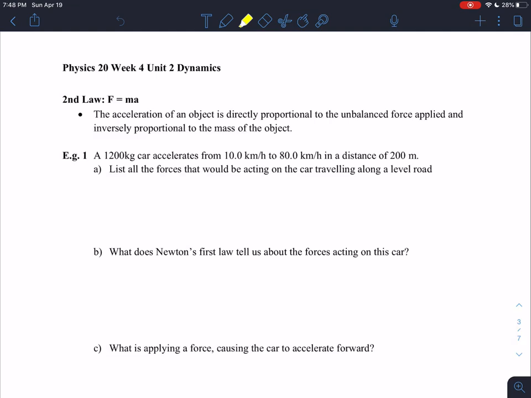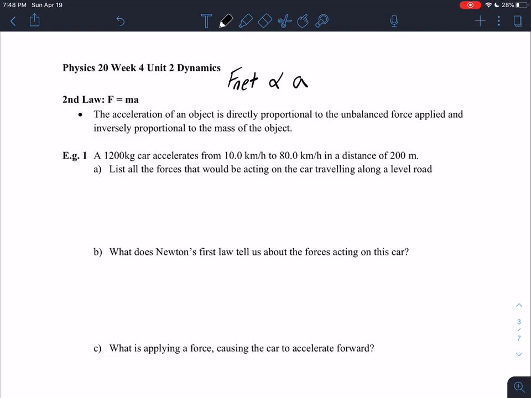So the most important thing about this law, and there's no special name for it, I like to call it the acceleration law. I sometimes call it the Fnet law. I sometimes also call it the math law. But the important thing about this law is it tells us that if we are dealing in a situation where we have an unbalanced force, or in other words, a net force, then as a result, we are going to get acceleration.